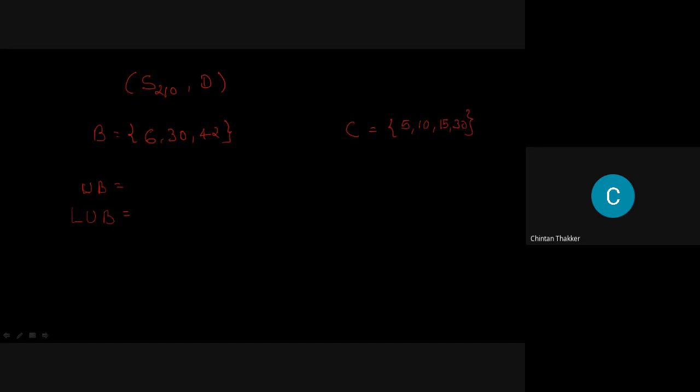Okay, where 6 divides 210, 30 divides 210, and 42 divides 210. So we have only one upper bound here, that is 210. Okay, so here we have only one upper bound. So the least upper bound is 210 itself.